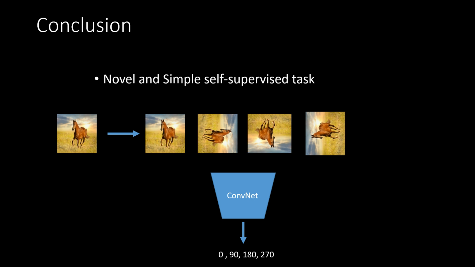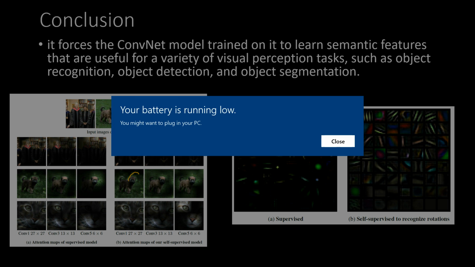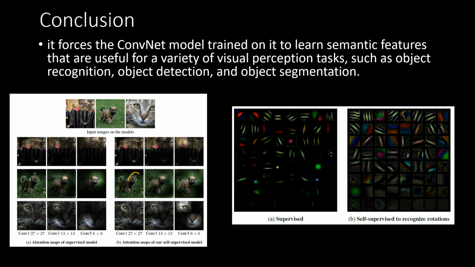And to quickly conclude, they propose a very novel and simple self-supervised task of rotating images and doing a four-way classification task. In this quest, the model tends to learn good features because in order to solve the rotation task, they have to learn the salient features, the orientations of the images, and they learn very good semantic features, which we can easily transfer to other tasks as we saw, like object recognition, object detection, and object segmentation.